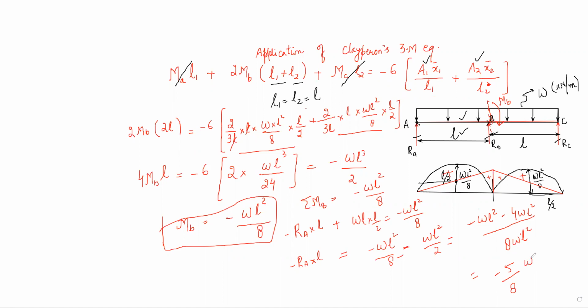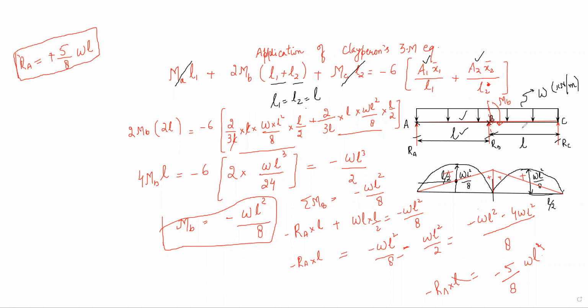Okay, W into L. Fine. So this is a correction here. This is equal to W into L. So this is minus 5 by 8 WL square. That's equal to minus RA into L. L and L will cancel. So we can at least say, let me write it over here, that the reaction RA is equal to 5 by 8 W into L. Sorry, it will be plus. Okay. So this is the reaction at A we have obtained.